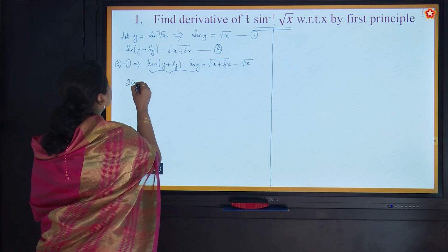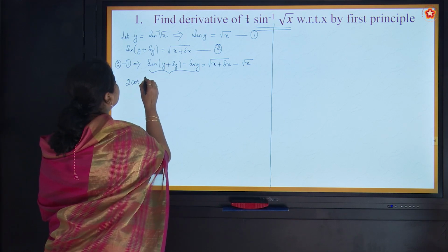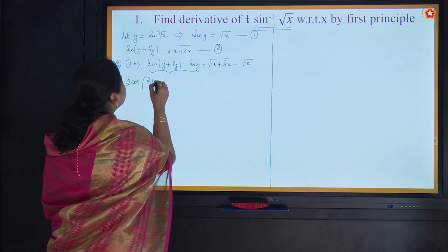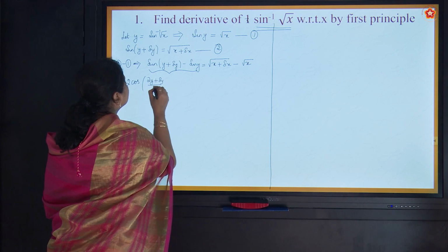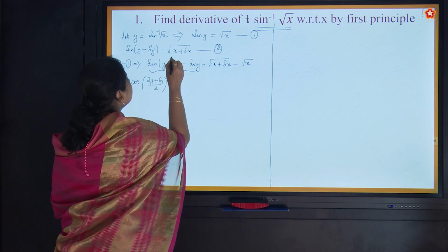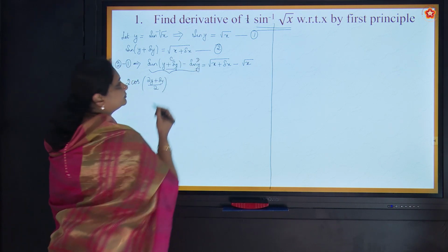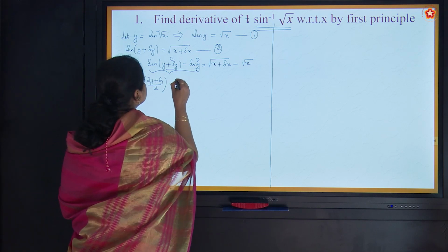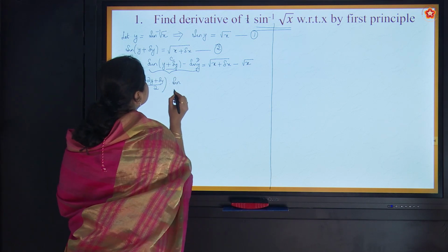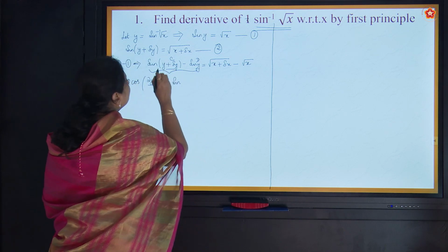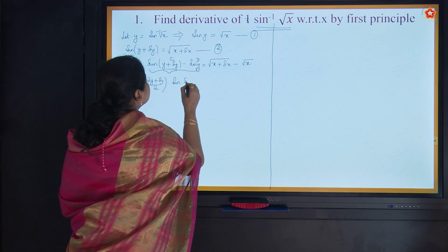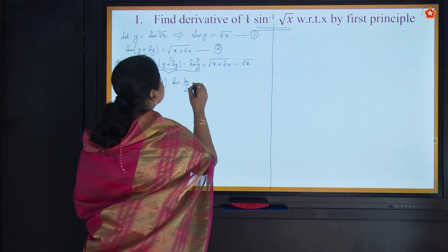2 cos of c plus d by 2 will give you 2y plus delta y by 2. This is my c, this is my d. Into sine of c minus d by 2, which will give me y and y will get cancelled, delta y by 2.